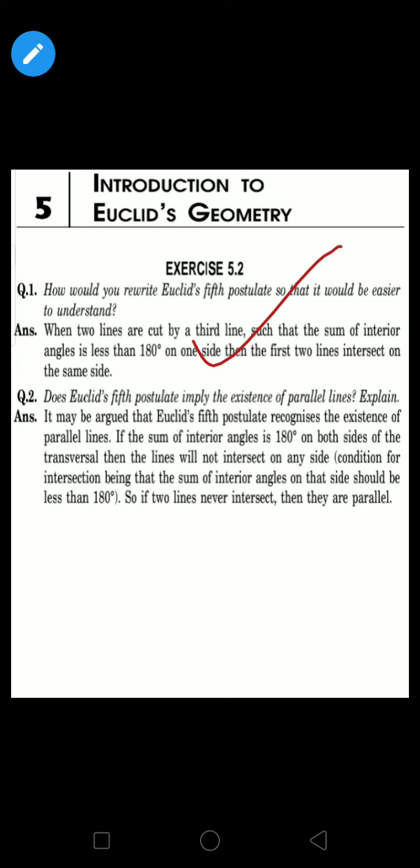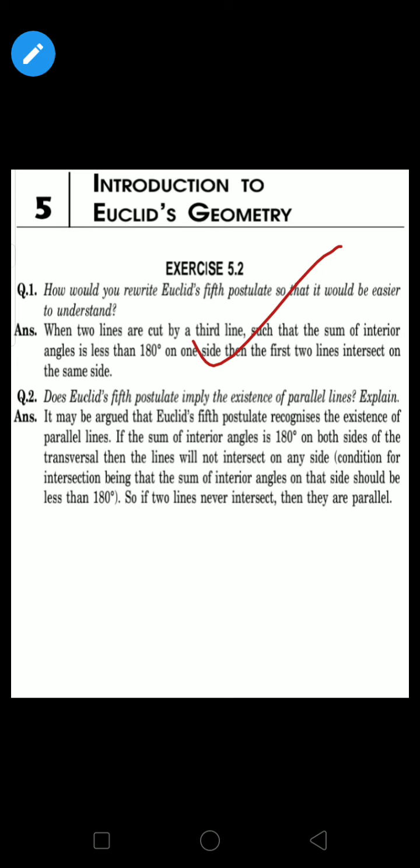What is written here? Does Euclid's fifth postulate imply the existence of parallel lines? Explain. What is written in the answer? It may be argued that Euclid's fifth postulate recognizes the existence of parallel lines. If the sum of interior angles is 180 degrees on both sides of the transversal, then the lines will not intersect on any side.